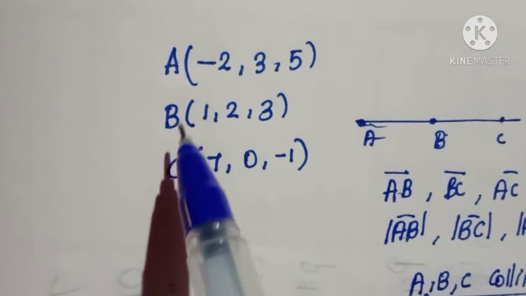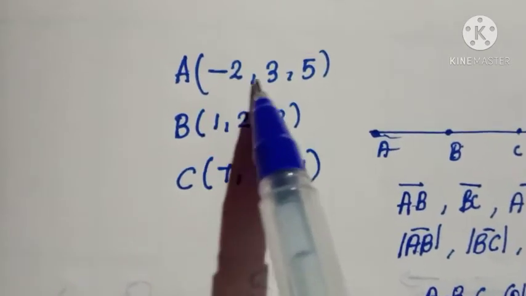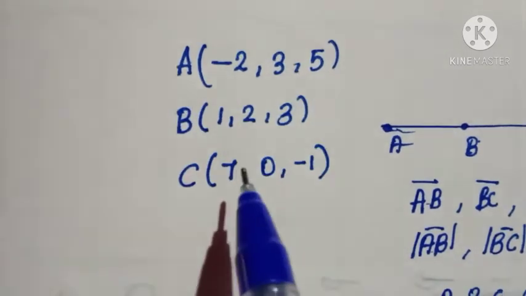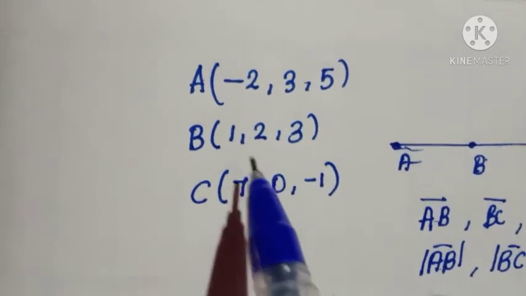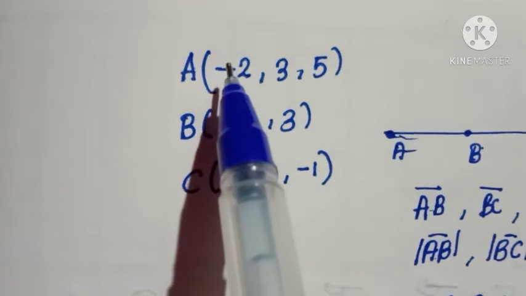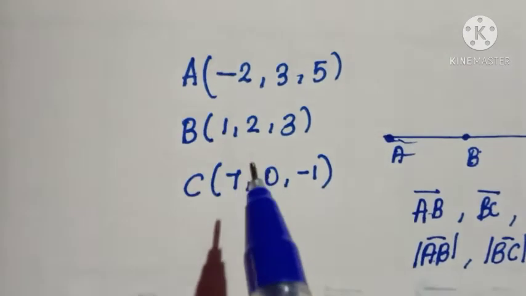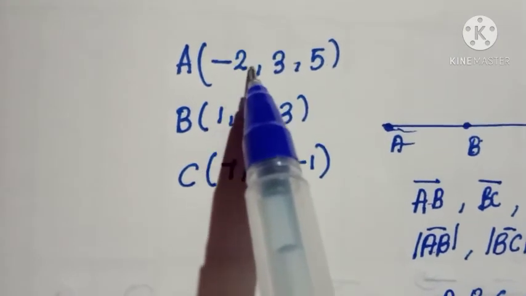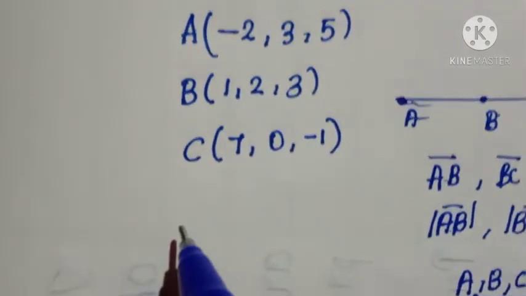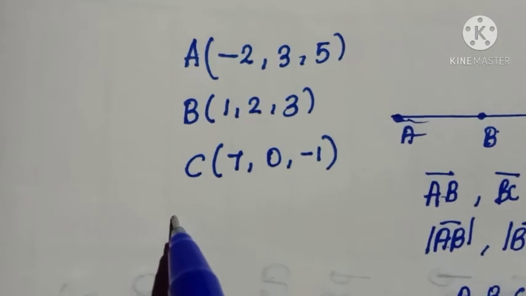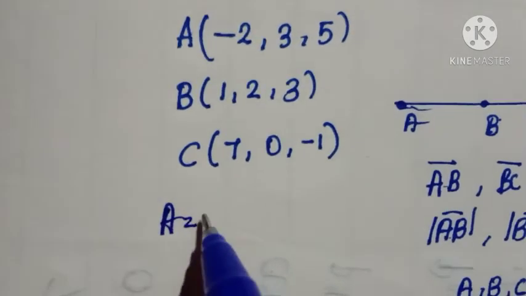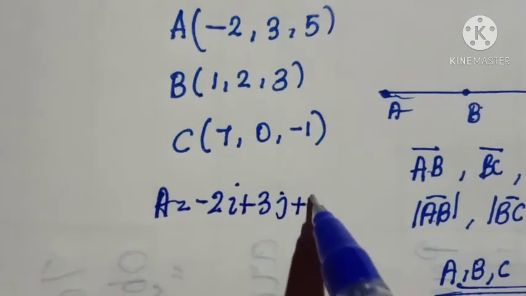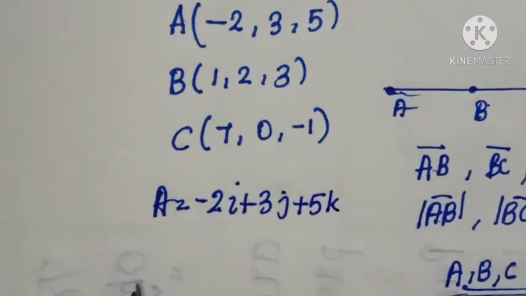Now A, B, C are points, and only the coordinates are given. So we need to write their vector form. To obtain the vector form, just write I, J, K along with the coordinates. So vector A is minus 2I plus 3J plus 5K.